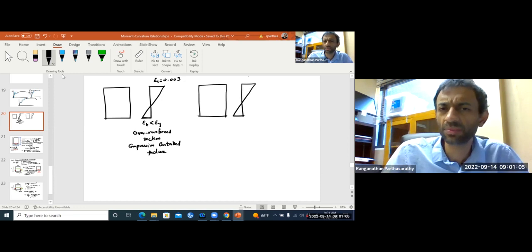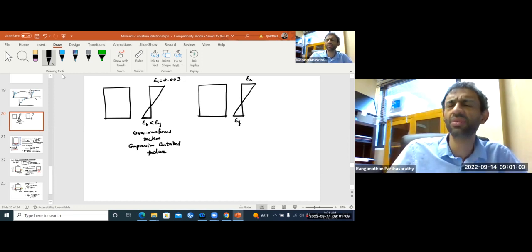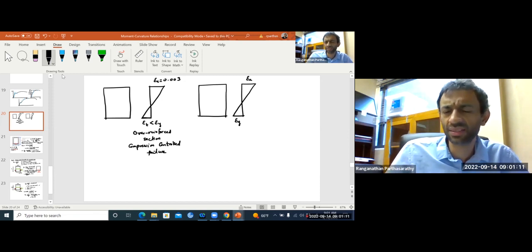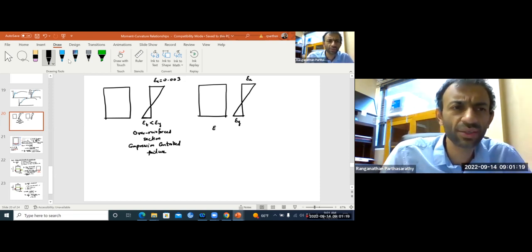Now, when you have epsilon u, if you exactly get epsilon y at the same time, that is, the steel yielding begins exactly when your concrete crushes, then that is the balanced section.